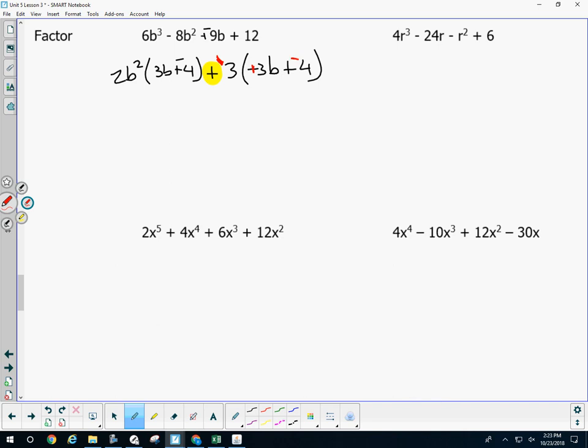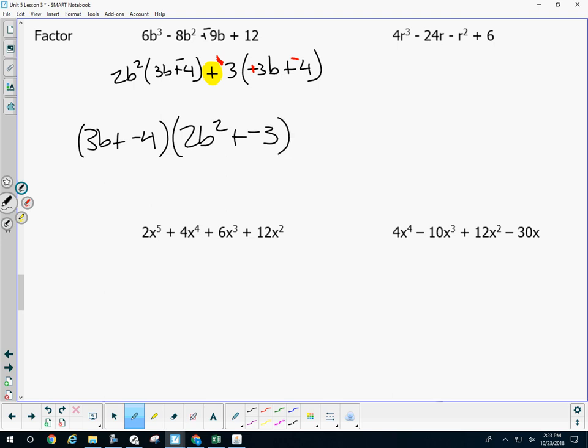So sometimes you might have to factor out a negative thing. Sometimes you won't. After you factor out a negative so that both of the terms are the same, you can then factor out the 3b plus negative 4, leaving us with 2b squared plus negative 3.